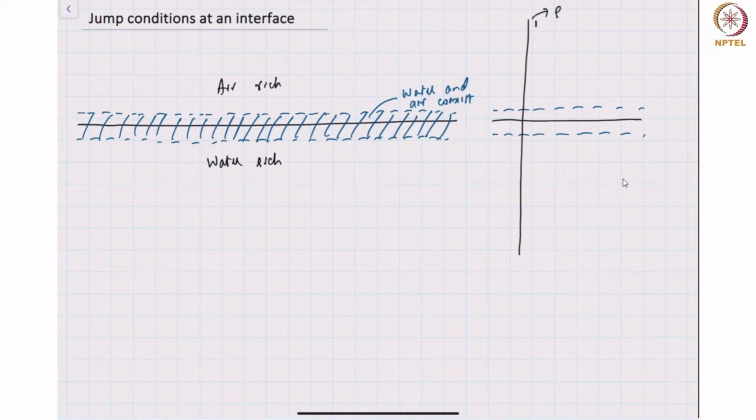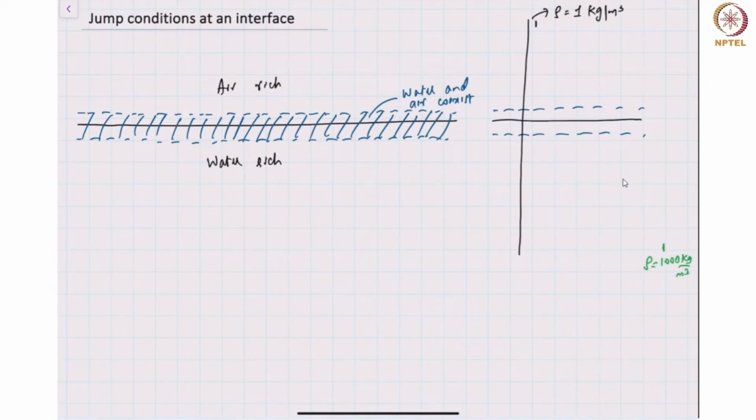This figure is not to scale. The density of air is 1 kilogram per meter cube. And the density of water, let me use a different color, is 1000 kilogram per meter cube.